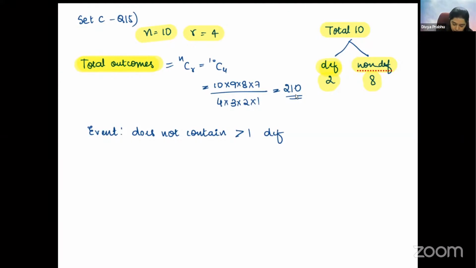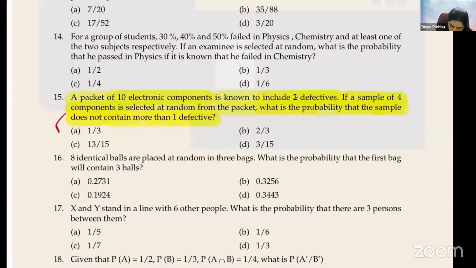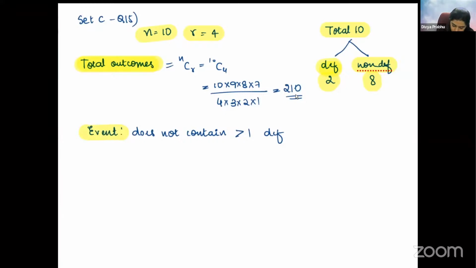Now what is the favorable event? Favorable outcome means what is asked in the question. They are telling the sample does not contain more than 1 defective, which means I can have only a maximum of 1 defective, correct?